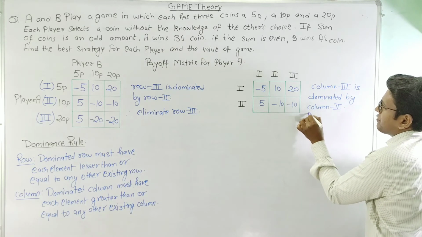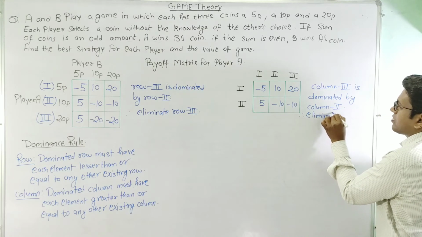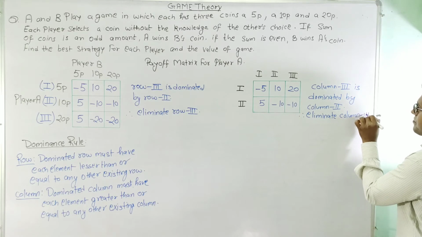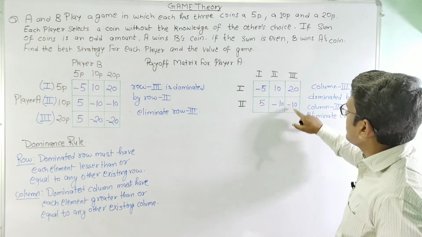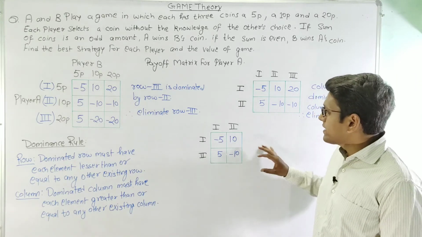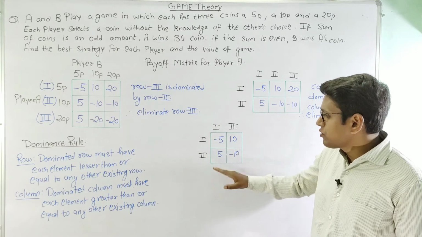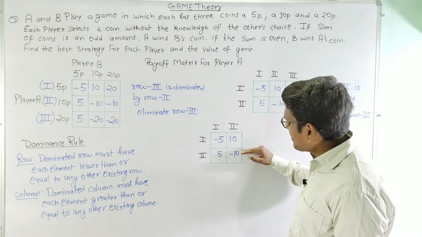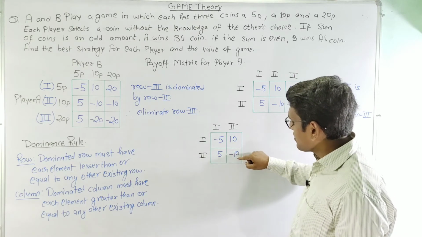Now as a result we will eliminate column 3. So now let us eliminate this column 3. Now we can see here that our payoff matrix has been further reduced into a 2 cross 2 matrix, and by comparing further we can see that this is negative, this is positive, this is positive, this is negative.